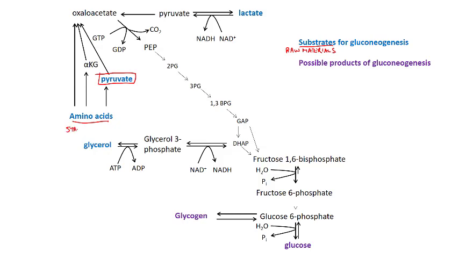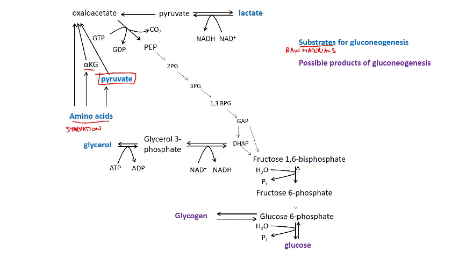Well, this is an important source during starvation. Because if you're starving, your muscle tissue is going to be broken down. And one of the important things that can be done with the muscle proteins is to chop them up into amino acids, which can then be made into pyruvate or other products like alpha-ketoglutarate, and then eventually used to make glucose.